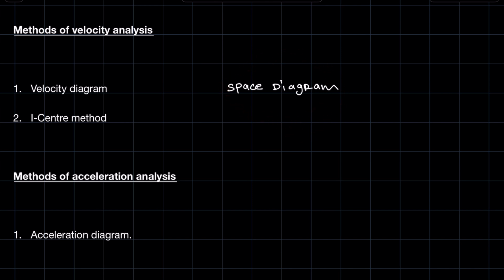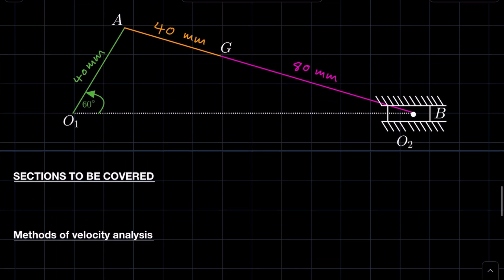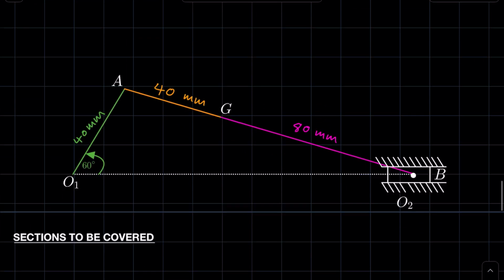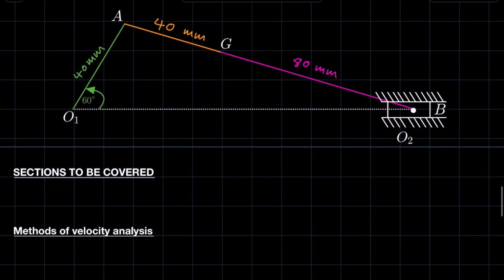In fact, before drawing the velocity diagram as well as the acceleration diagram, we must first draw the space diagram. All of that is going to make sense when we start looking at some examples. So that is what you can expect to learn from kinematics on this channel.